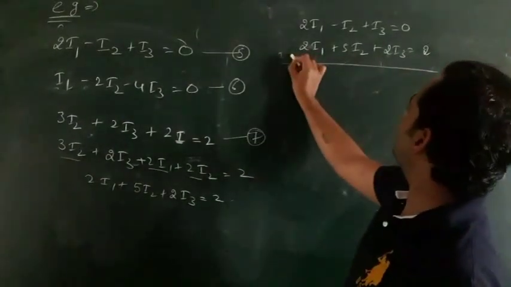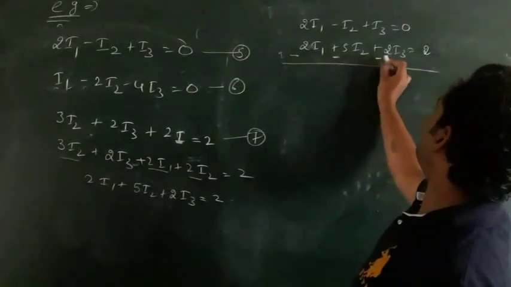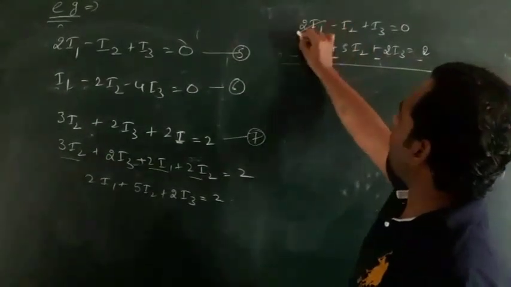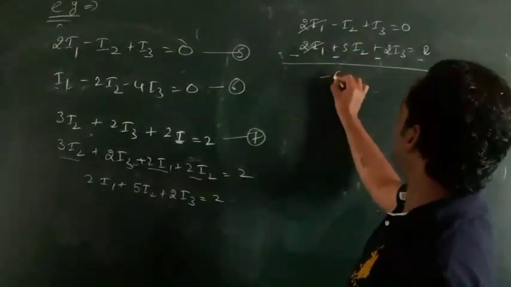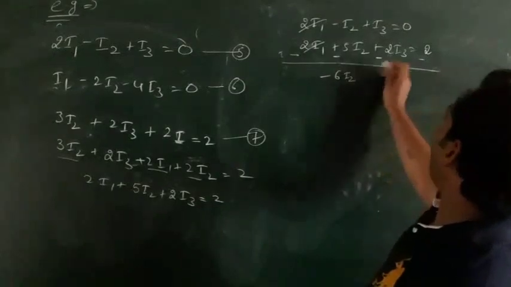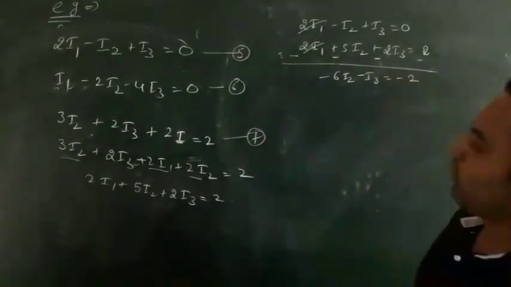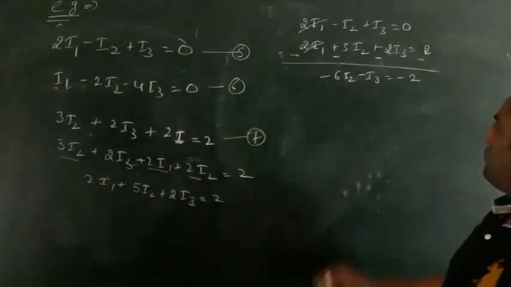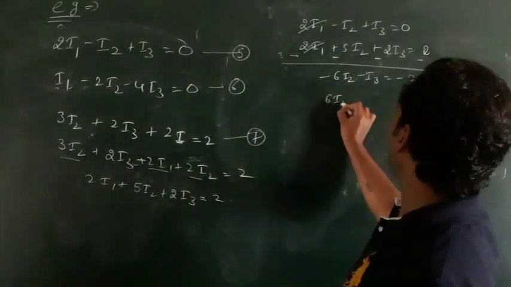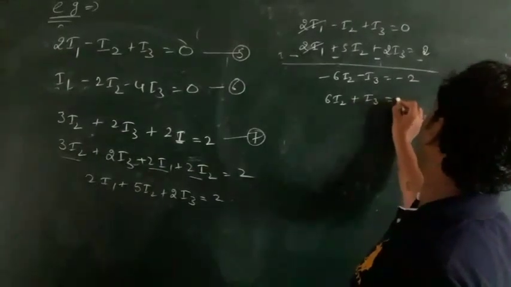So this is minus, that is minus, this is minus, and that is also minus. So these two terms cancel with each other. Here comes out minus 6I2 plus, again, minus I3 is equal to minus 2. If we take minus from that, it comes out to be 6I2 plus I3 is equal to 2.